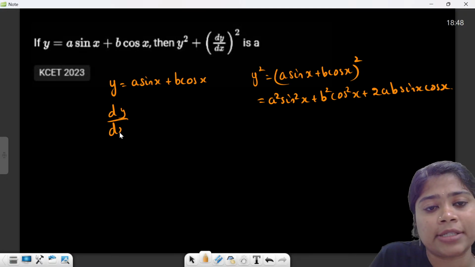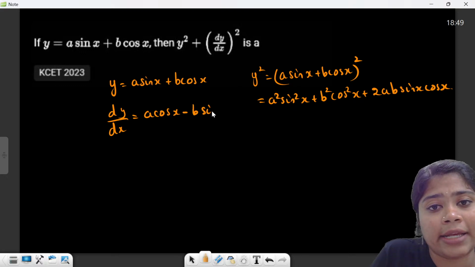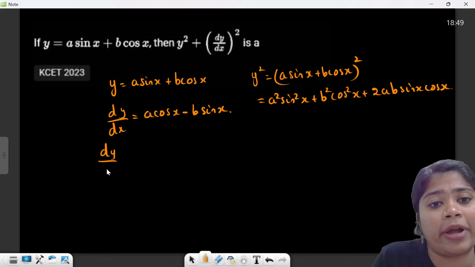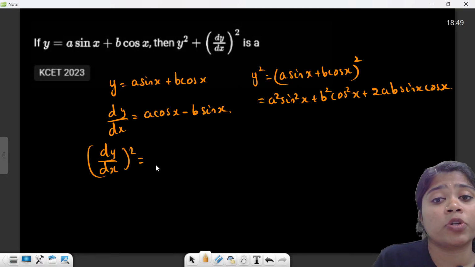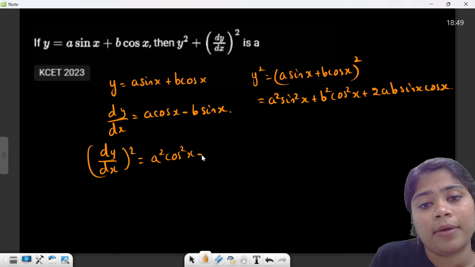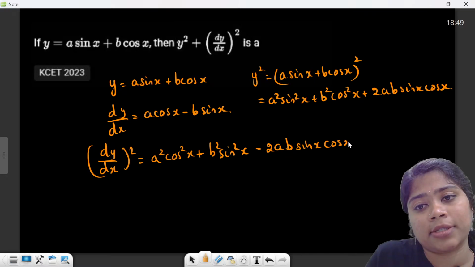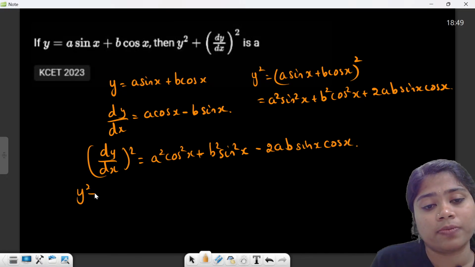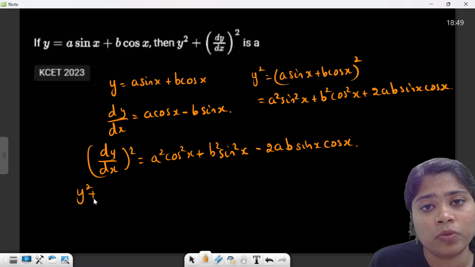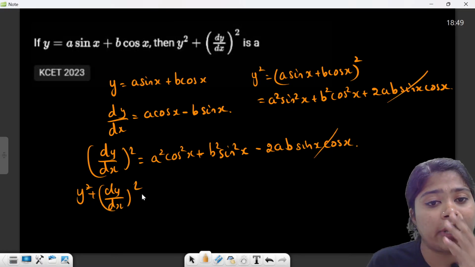What is dy by dx? Differentiate this: a cos x minus b sin x. Now we want to square dy by dx. So do it fast: a squared cos square x plus b squared sin square x minus 2ab sin x cos x. So you want to add these two. When I add these two, you can do it by mental calculation only. The cross terms get cancelled.